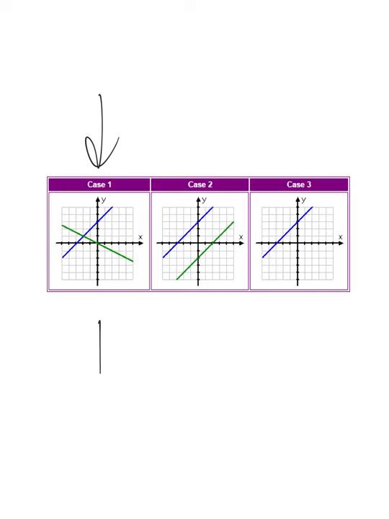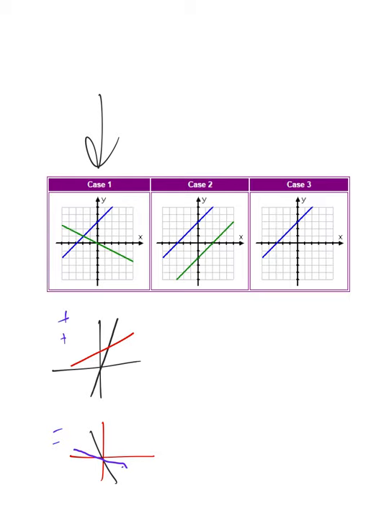A both positive but different would be like one is pretty steep and another line is less steep. If they're both negative, it could be that one is really steep and another one is less steep.